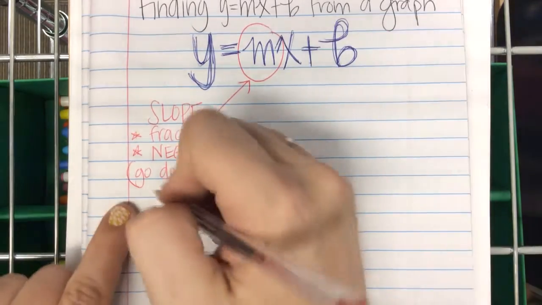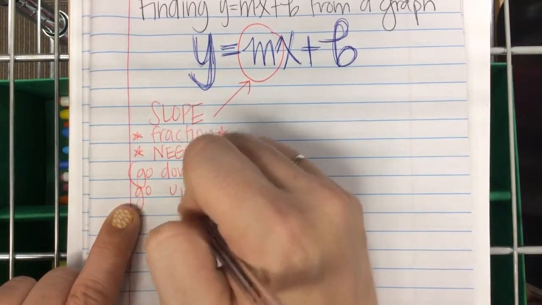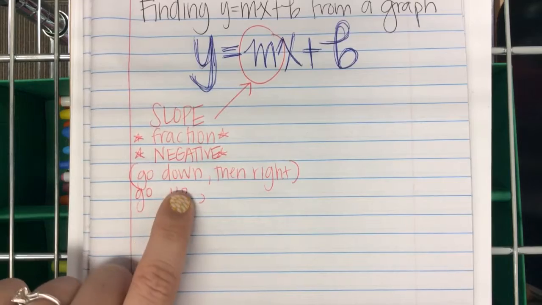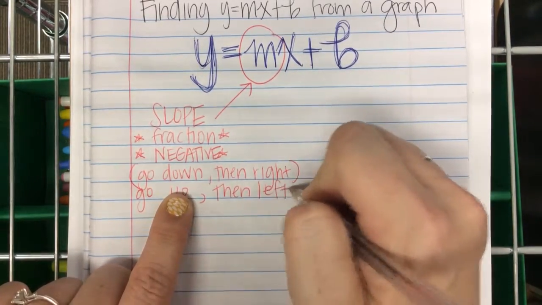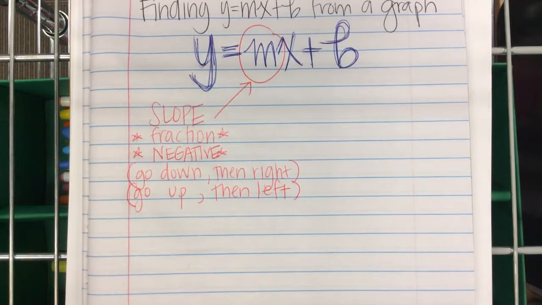Or if it's negative, you can go up, because that's a positive value. Then left, because that's a negative value. You're really good at understanding if it's a negative slope, don't make both values, the numerator and the denominator, negative. You can't do that.